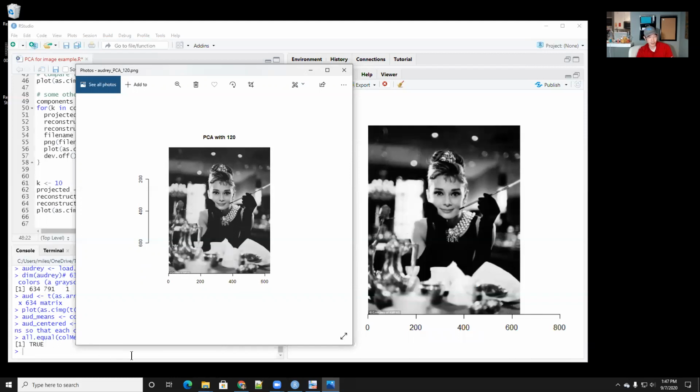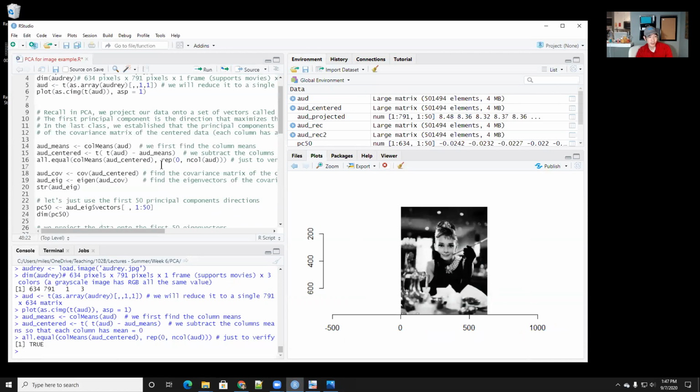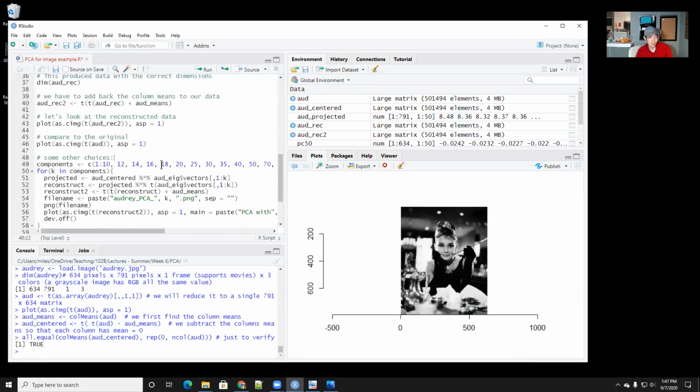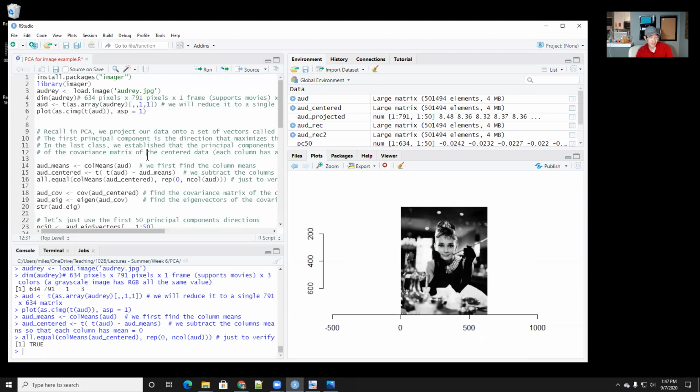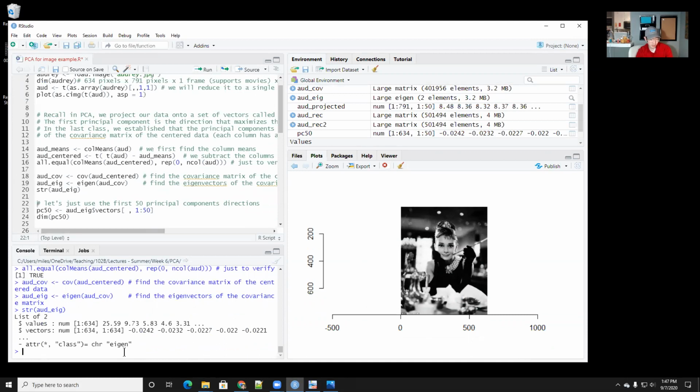Do I have the results of eigen? Okay, so the sum of the eigenvalues total.